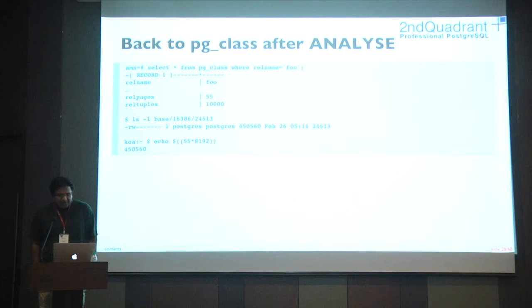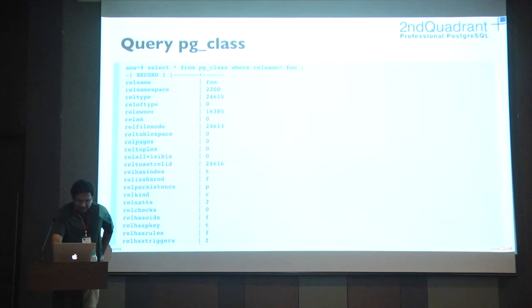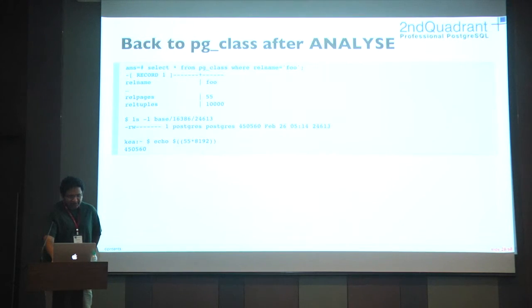And now if we look at the file on disk, sorry, I said I'd show you how that's done. If you look here, the relfilenode field in pg_class tells you the OID of the table, and inside your PGDATA directory, the directory base, and then a subdirectory, which is the OID of your database, and a file named for the OID of the relation.